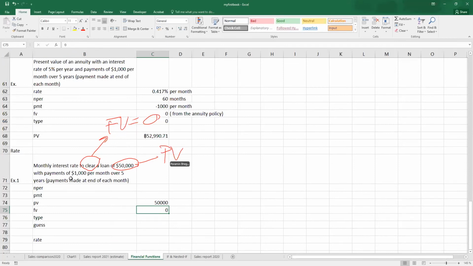And then for payment, you pay $1,000 per month. So for PMT, you pay, which means you have to use negative 1,000. You pay it out per month.